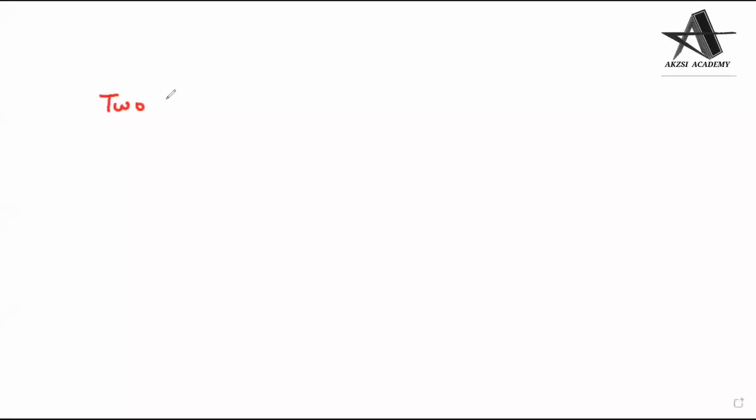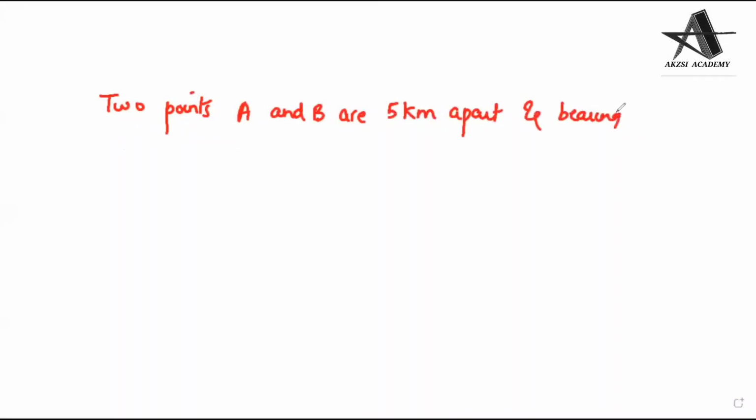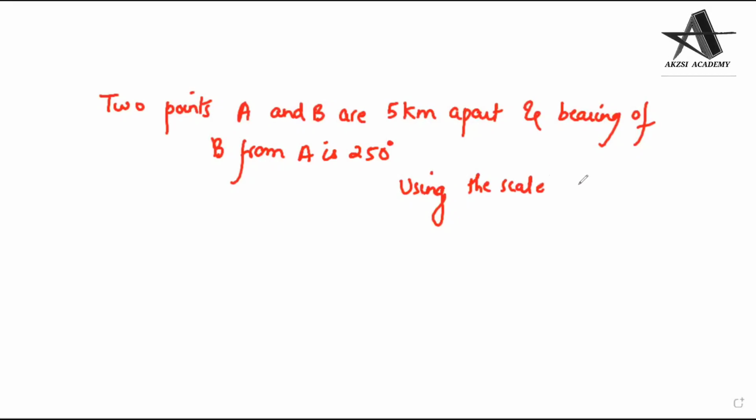Suppose it says 2 points A and B are 5 kilometers apart, and bearing of B from A is 250 degrees. They have specifically mentioned using the scale 1 centimeter to 1 kilometer.